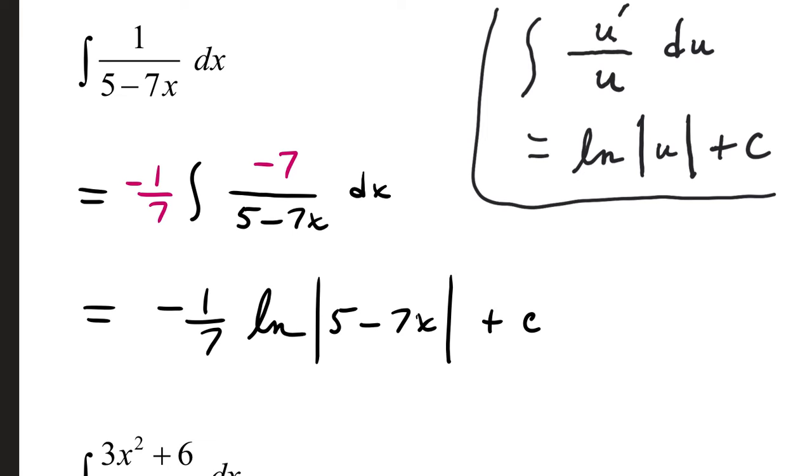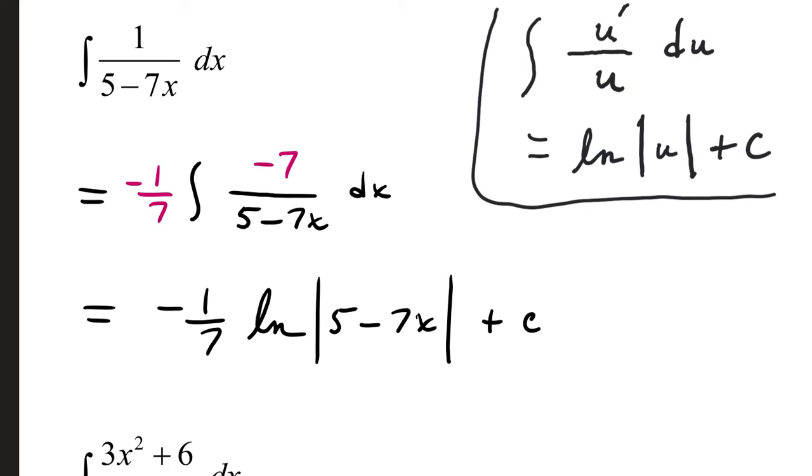But it had a mission because this denominator, its derivative, is now in the numerator. And we see that anytime our denominator has its derivative as the numerator, then it qualifies for natural log as its antiderivative. So this will be negative 1/7 times the natural log of the absolute value of your denominator.